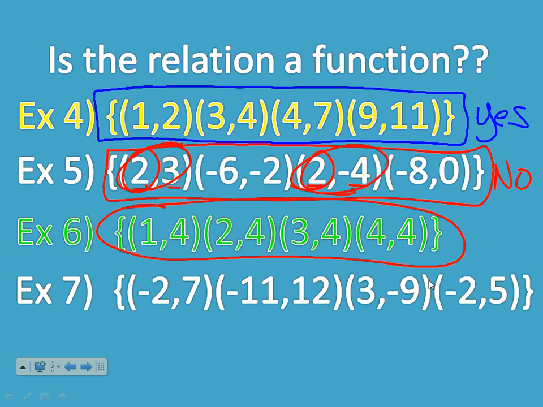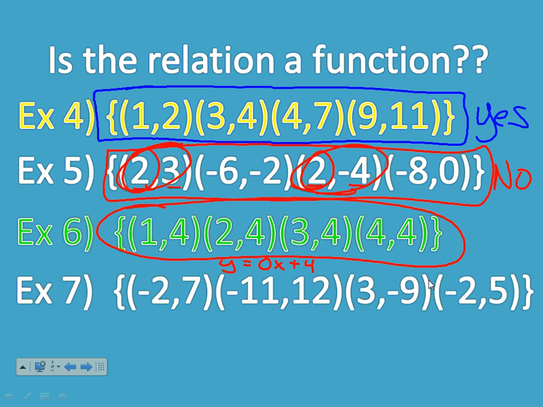Can someone give me an equation that could work? What could you multiply by an X and somehow end up with 4 every time? No, you can't multiply by 1. 1 times 4 is 4, but 2 times 4 is not. How about 0 times X and then you add 4?